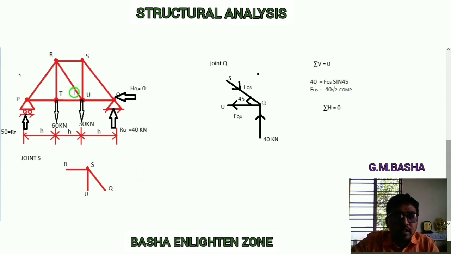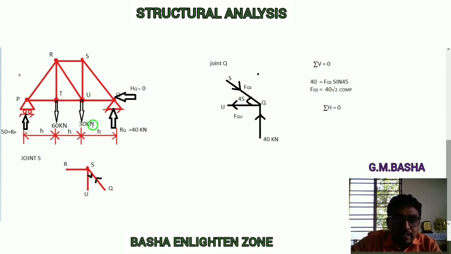I am assuming the direction here. Already you know the force in the member QS is 40 root 2 compression. Therefore, here the force in the member SQ will be 40 root 2 compression. Here there will be some angle, which is 45 degrees. Why?